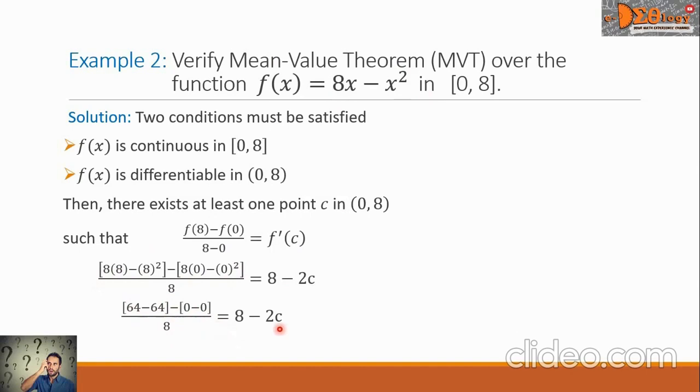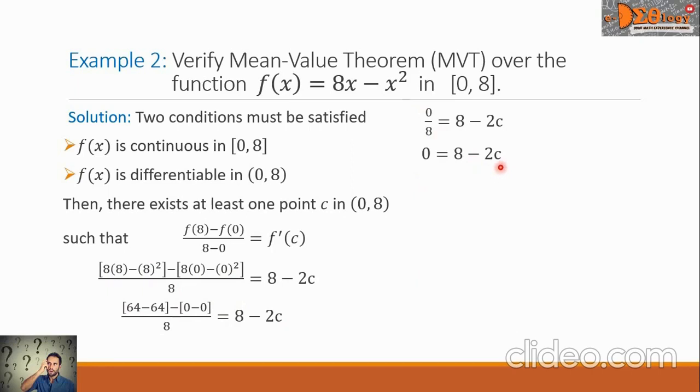There is no change on the right side. We can see in our numerator that this is simplified into 0 all over 8 is equal to our right side, which is just the same. 0 over 8 is simply 0, and let us now solve for c.